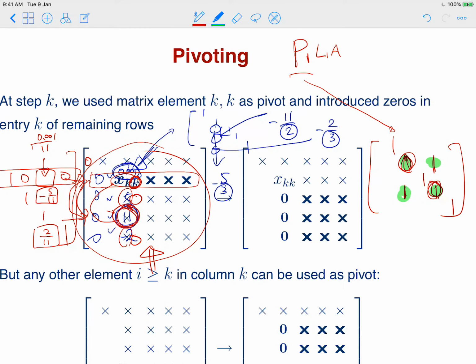So we can introduce this row interchange to avoid this undesirable situation of having to divide some number by close to 0. Okay, so in this case, we have L1, and then we do this. This is called pivoting.